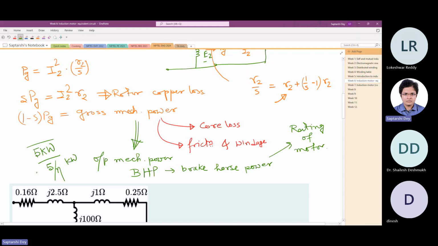This is the input power. So motor rating is always the output rating. Same for a generator also: the output electrical power, whatever you get, that is the rated power.